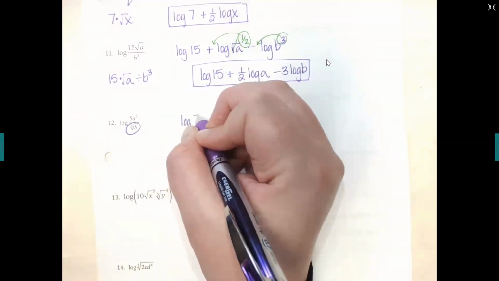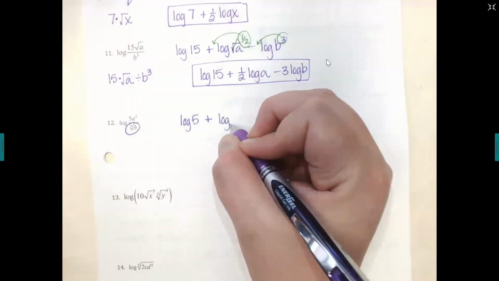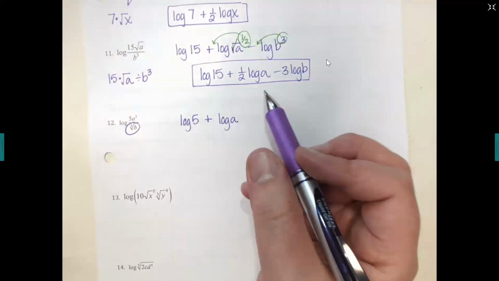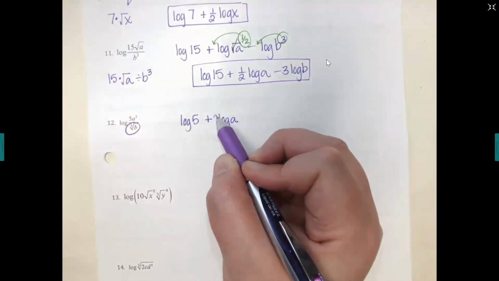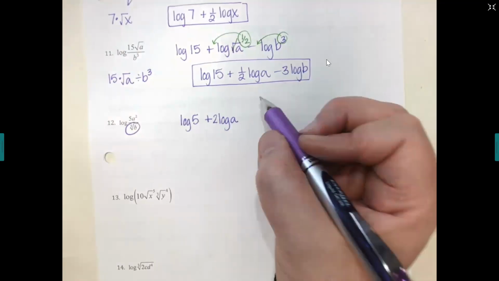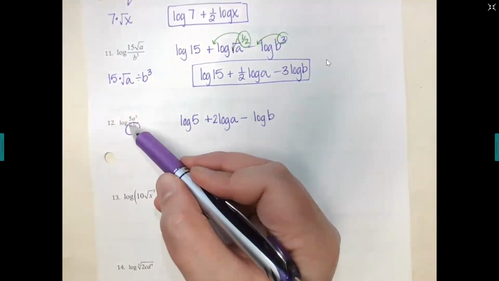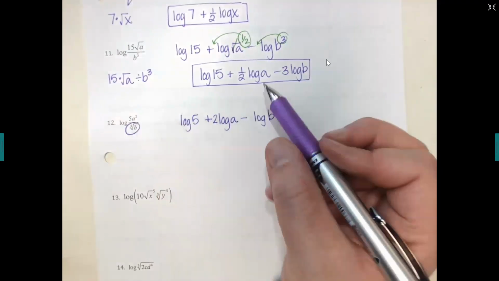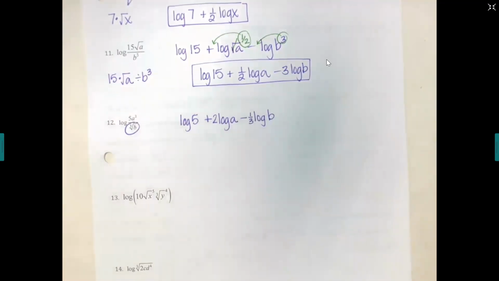It'd be log 5 plus log A. And now look, instead of putting a squared here, where am I going to put it instead? In the front. Okay, then minus my log for my B. But if it was in a cubic root, what do I put in the front? A 1/3. Okay, kind of see if that makes sense. Most of these, that's why I said you don't really need a calculator. You can just do it in your head.